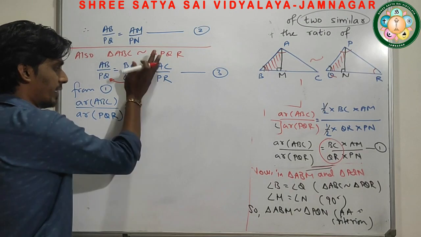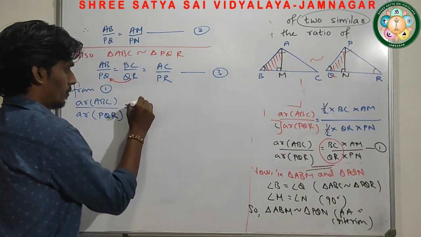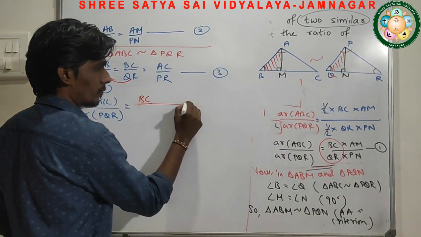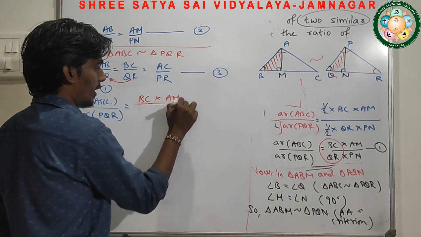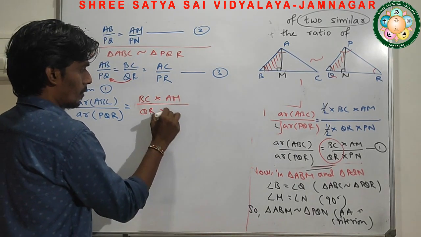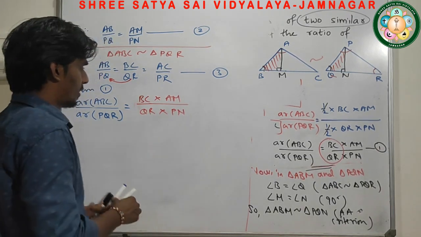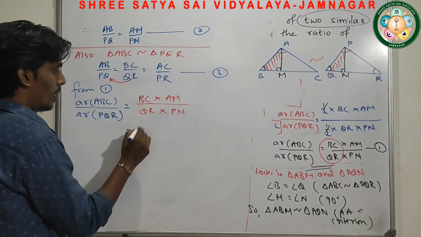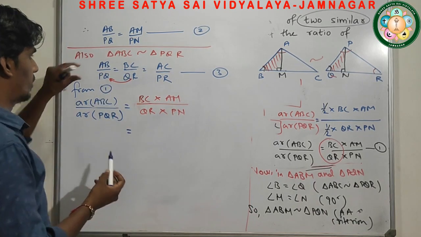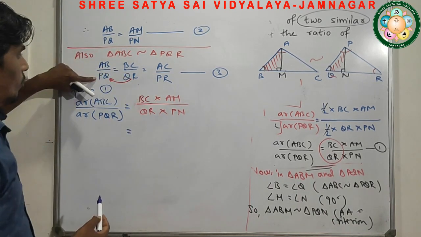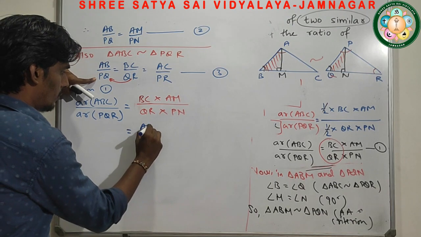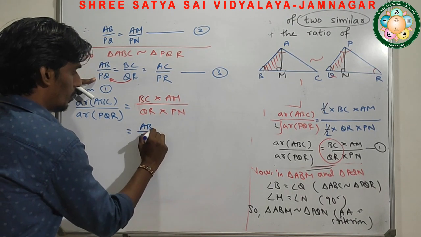Let me write down the whole thing again so that you will better understand. BC upon QR into AM upon PN. Now both the values I am going to replace. This is from 1. Now this BC upon QR equals AB upon PQ.